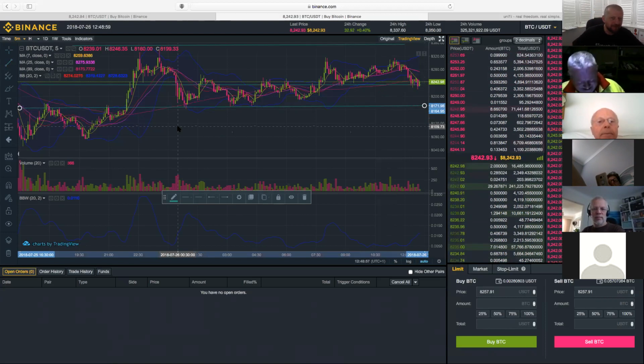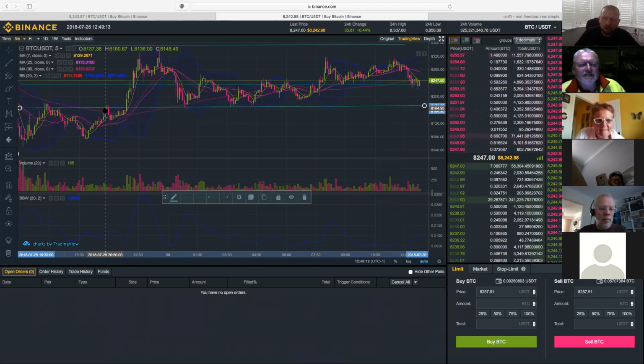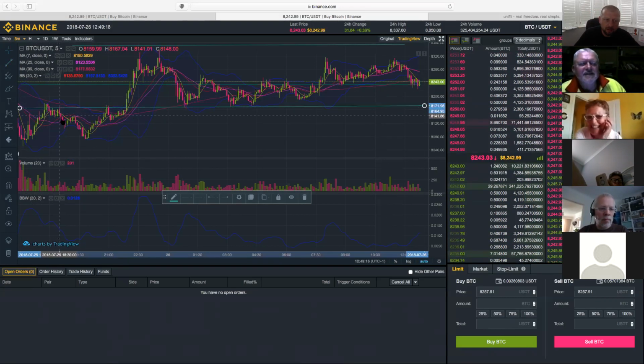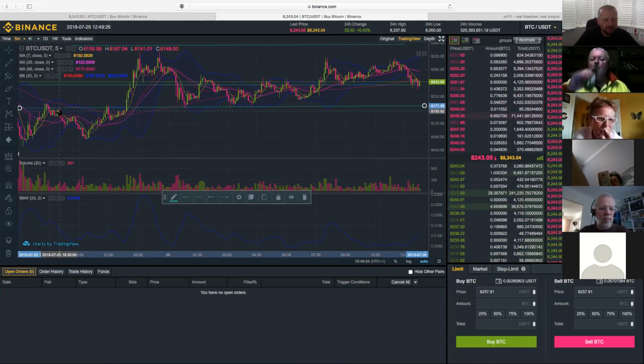Okay. Right. So what we've got here, this is interesting. What is this line here? Tell me what it is. The top line is the support line. Is it? Obviously not. The resistance line. There you go. Well done, Caroline. 10 points. So it's a resistance line because it keeps hitting its head.